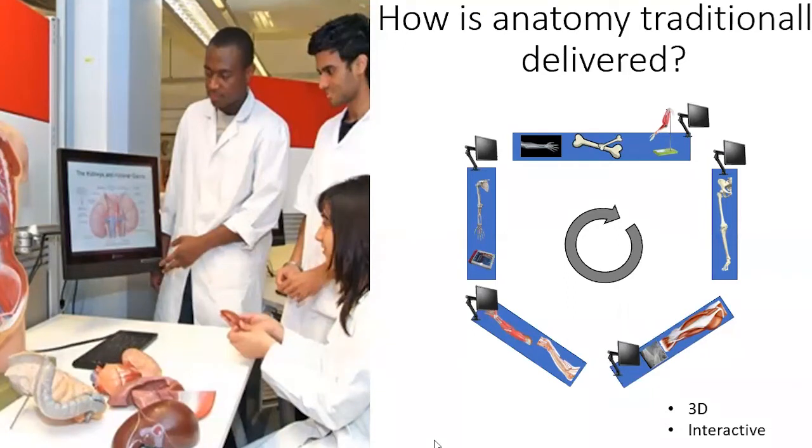We have stations that have cadaveric material or skeletons or models, and students come in groups of 40 to 60 into the labs, and they rotate around the stations. This is their chance for a hands-on experience, to see things in 3D, and to interact with the tutors in the labs facilitating the sessions.